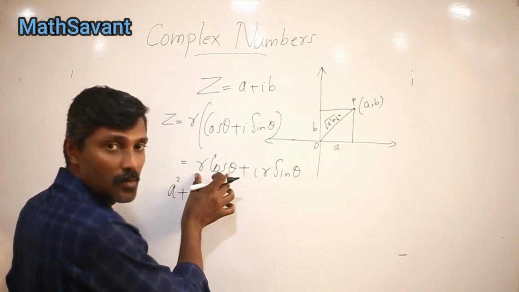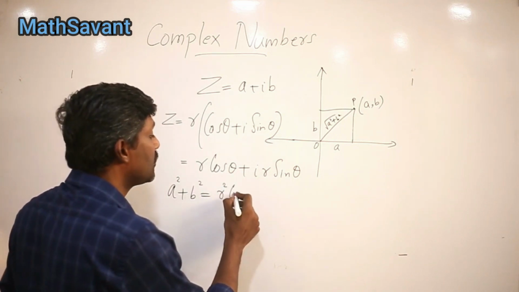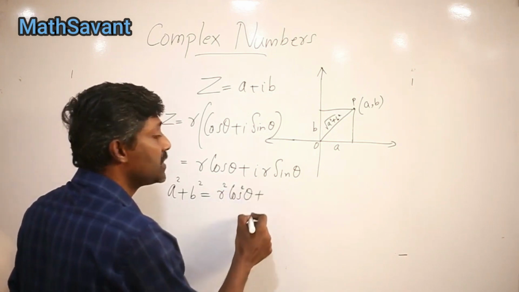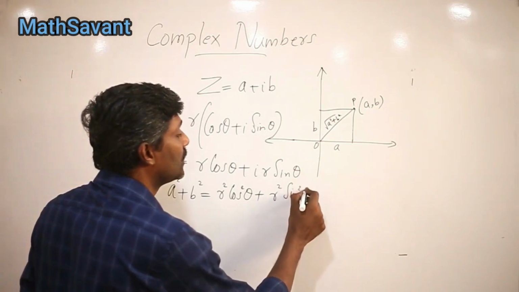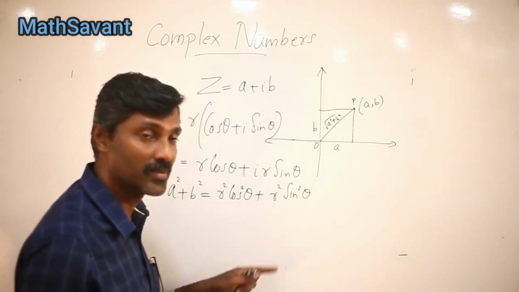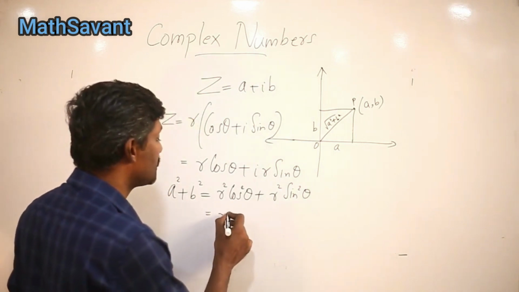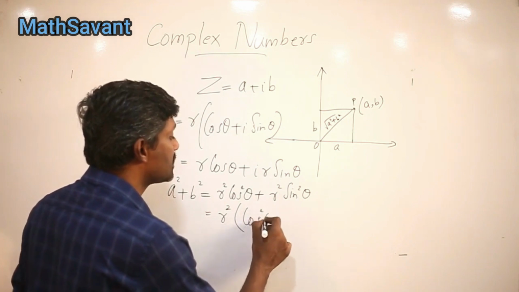Now we know that A is equal to R cos theta. So what is A square? It is R square cos square theta. And what is B square? It is R square sin square theta, right? And we see that R square is common to both these terms. We can take this outside, so this becomes R square into cos square theta plus sin square theta.